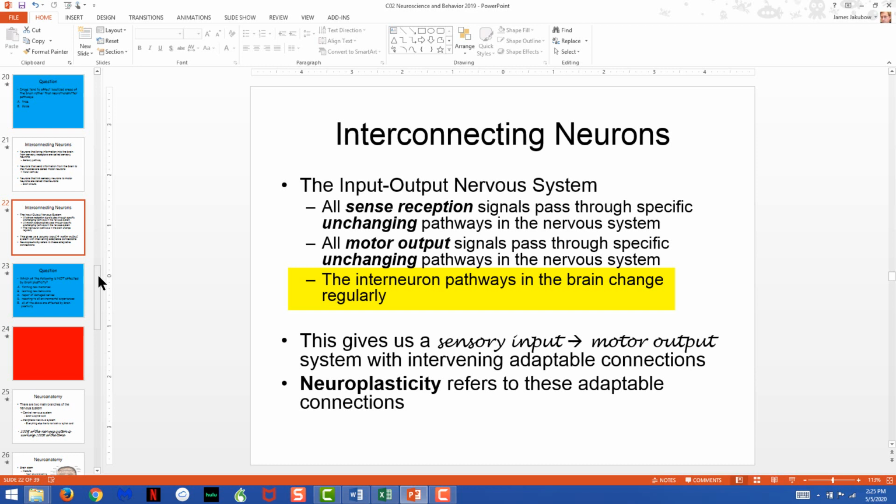And what's actually happening in this case is that the changing pathway that occurs through the nervous system is one of the primary determinants that is represented in your ability to behave in a new way.